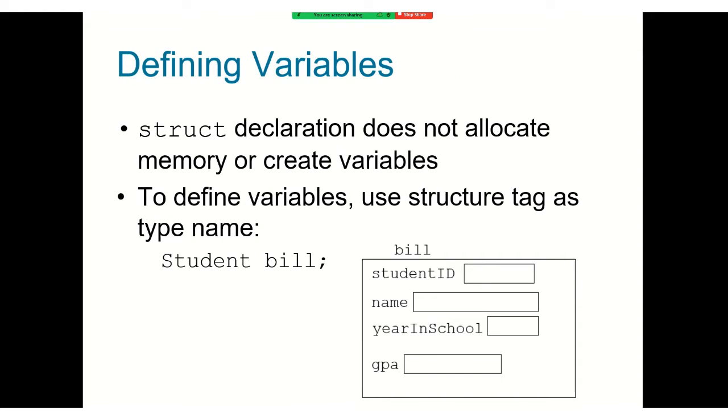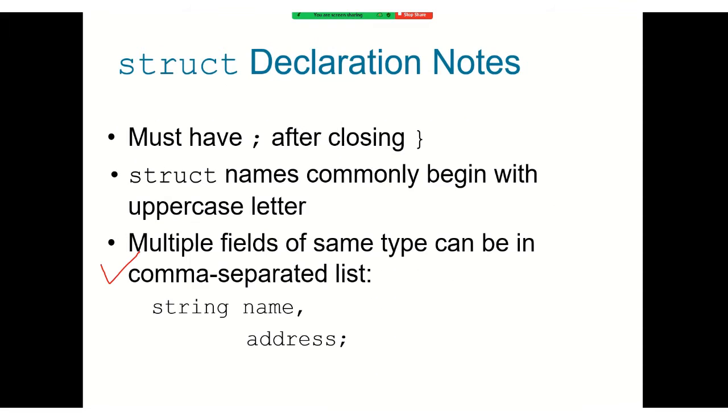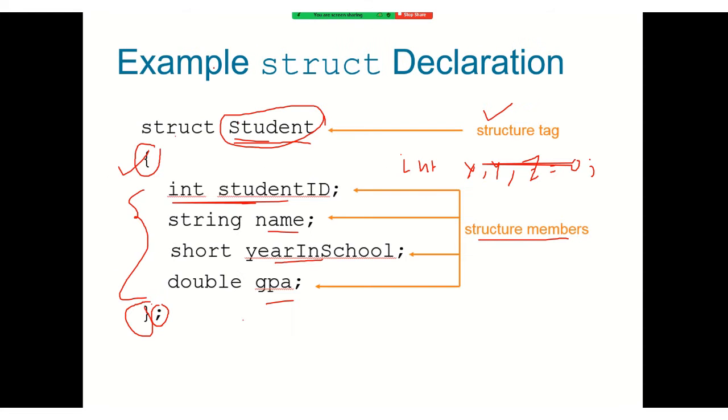Now, how are the variables defined? A struct declaration does not allocate memory or create any variable. To define a variable, use the structure tag as the type name. So when you define something here with struct, does this book any memory?